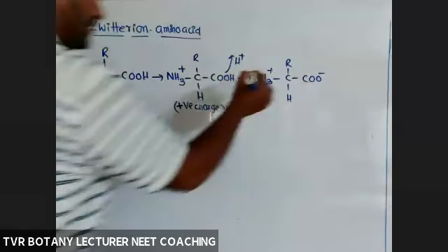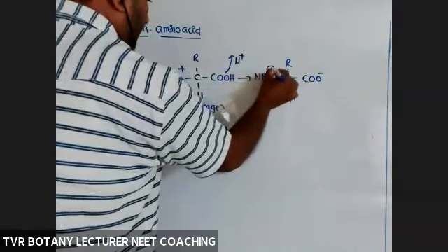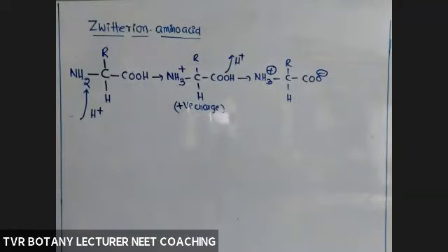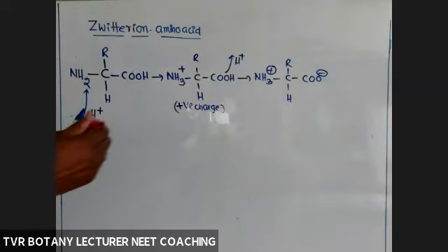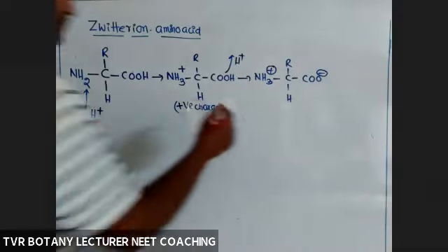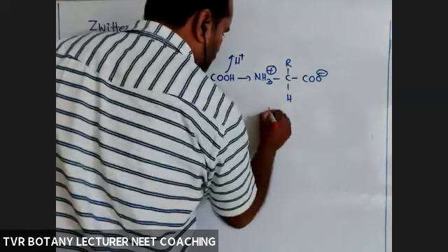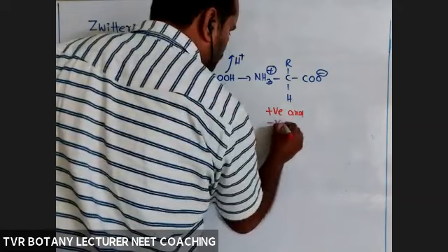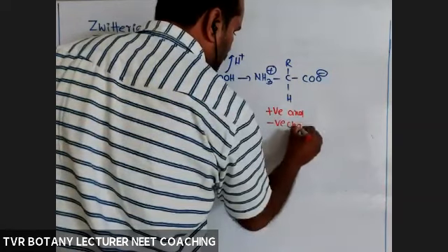Okay, so this is also amino acid. What is the difference? Now this amino acid is with both positive charge and negative charge. So now this is with positive and negative charge.